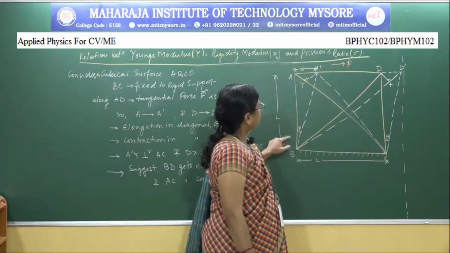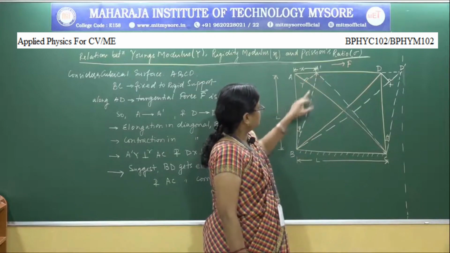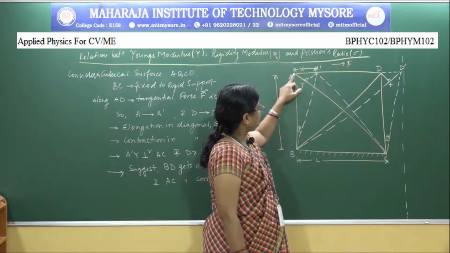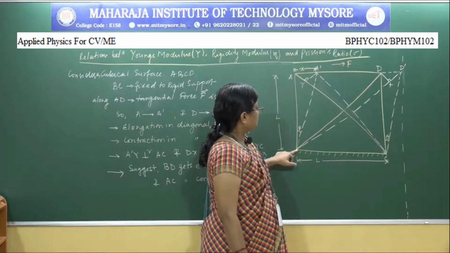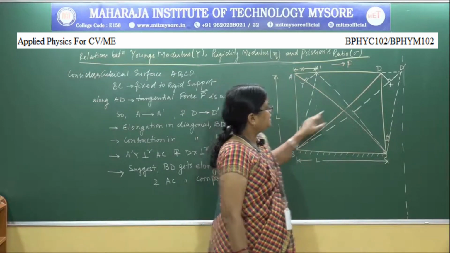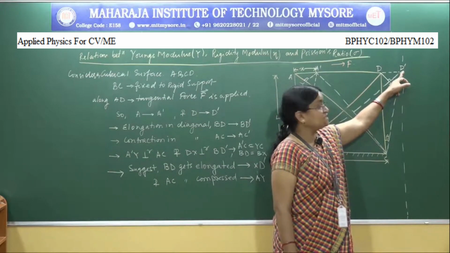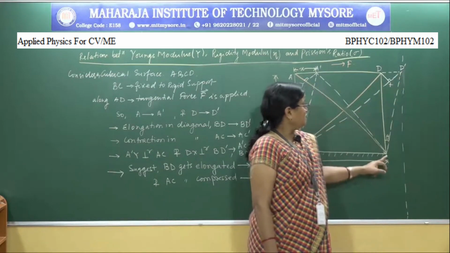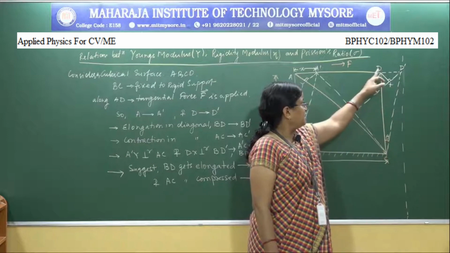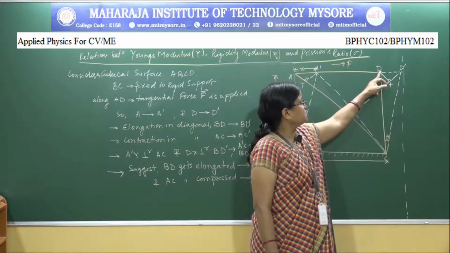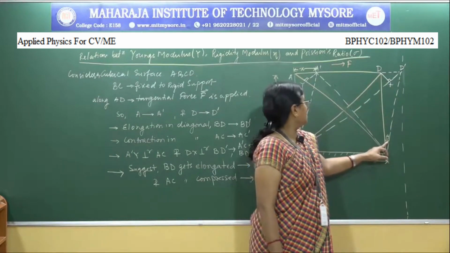So the angle made by the new position with the previous position from point B is theta, and the angle made by point D dash, the new position, with point C and the previous position D is theta.